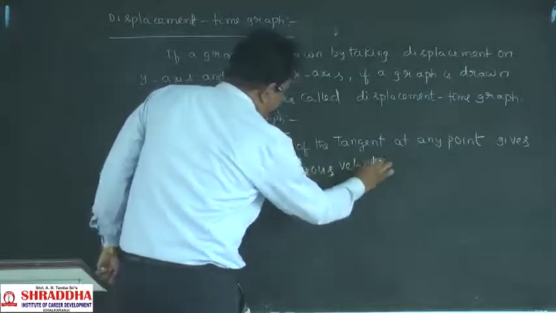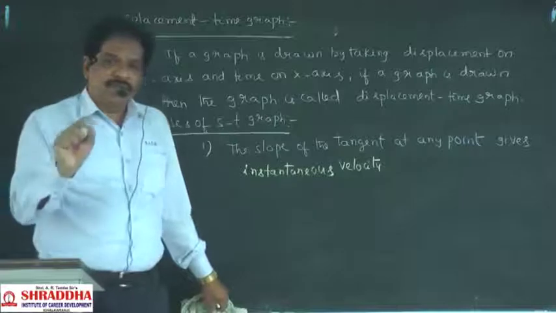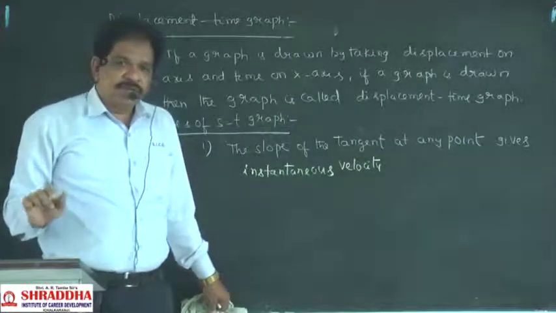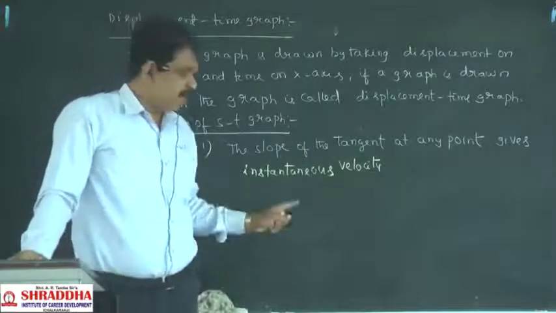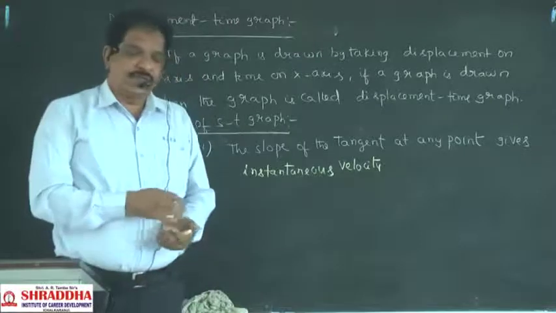So at any point, if we draw a tangent, then the slope of that tangent, it will give instantaneous velocity.